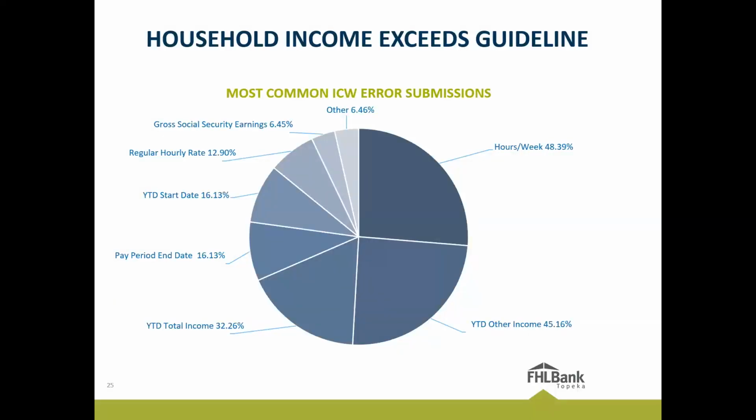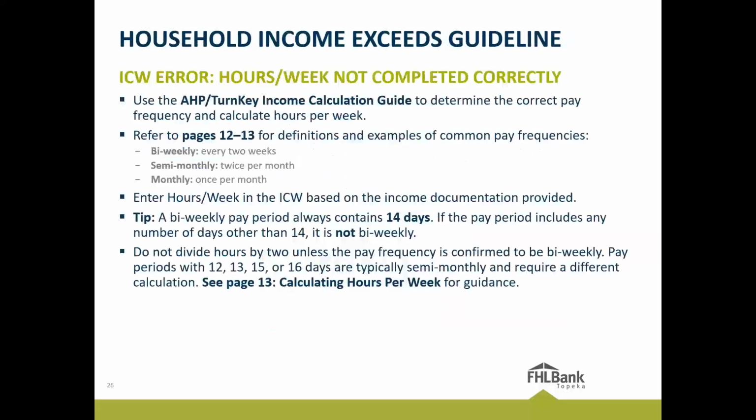This is just a breakdown of the errors seen that resulted in the household being deemed ineligible for being over income. So the most common error that we've seen when the workbook is submitted is that the hours per week are not completed correctly. We do have resources in our income calculation guide.